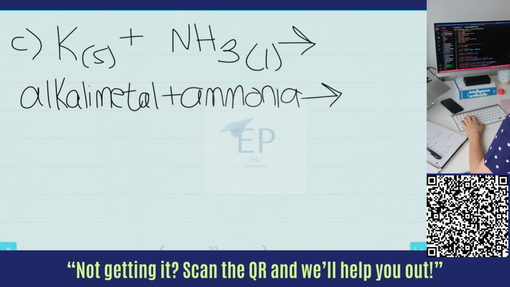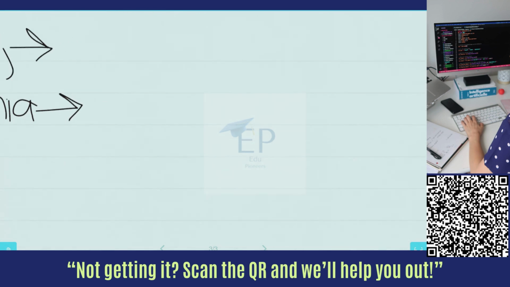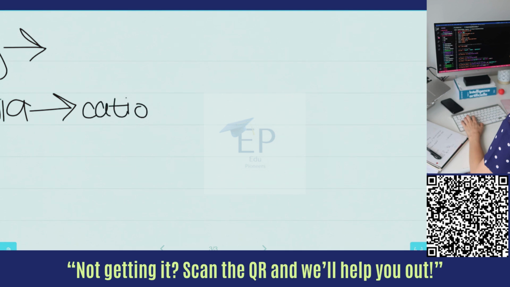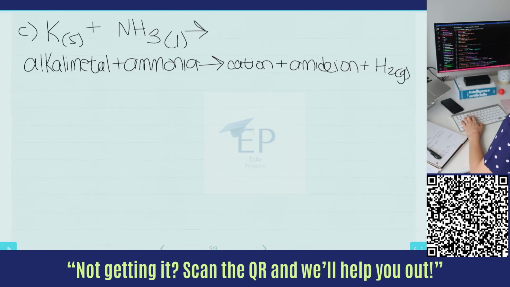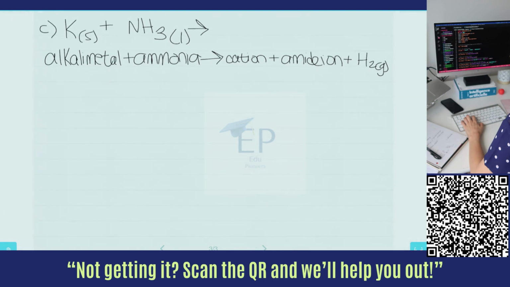When an alkali metal reacts with ammonia, it's going to yield a cation that interacts with the amide ion, as well as hydrogen gas. Now that we have the general products, we can fill this in using potassium. So our cation is going to be potassium.